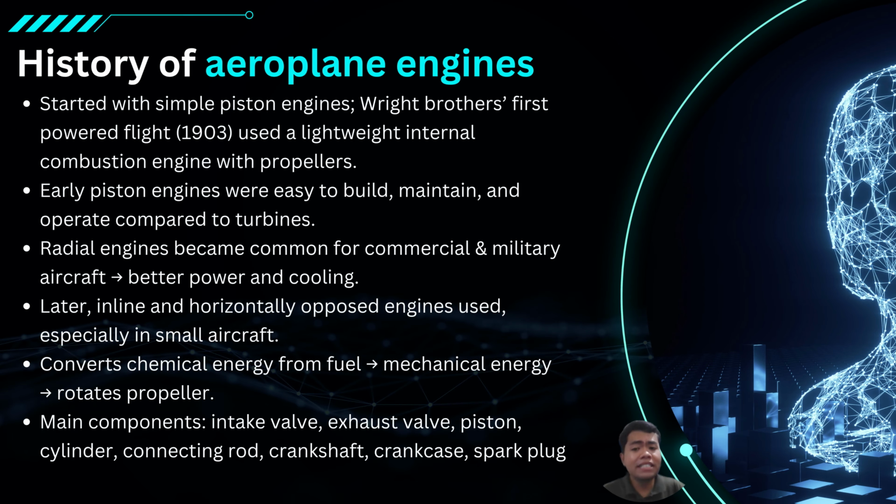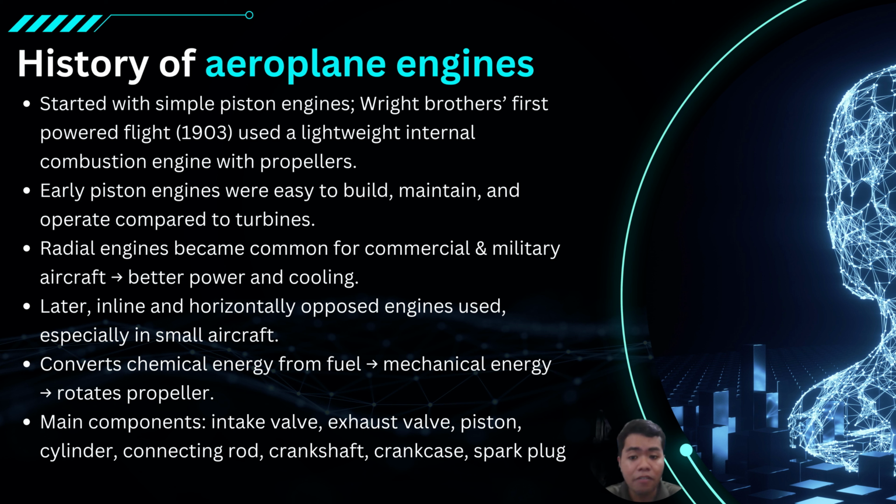Next, we go to the history of aeroplane engines. It started with simple piston engines. The Wright brothers' first powered flight in 1903 used a lightweight internal combustion engine with propellers. Early piston engines were hard to build, maintain, and operate compared to turbines. Radial engines became common for commercial and military aircraft, with better power and cooling.